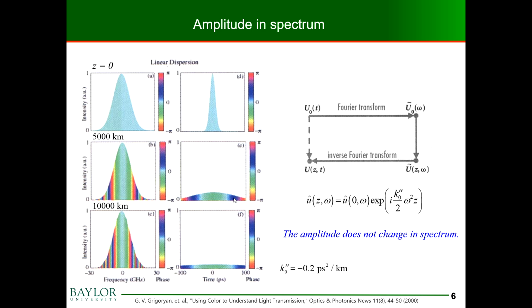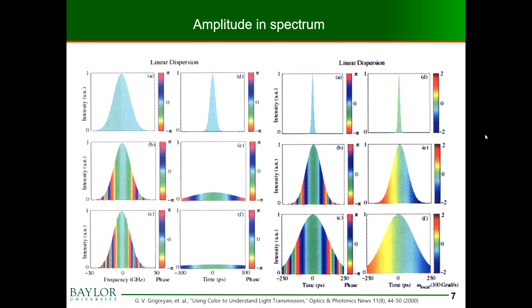Okay, now let's look at the next one. The left figure is still the same. The right figure shows another example in the time domain, showing time broadening, but now we show the time envelope while the color shows the frequency. It shows that the pulse at different locations has different frequency. That means it's actually chirped in the time domain.